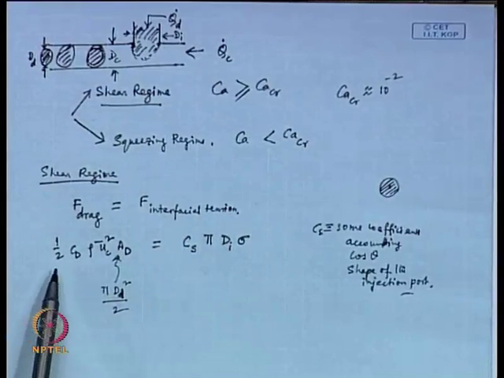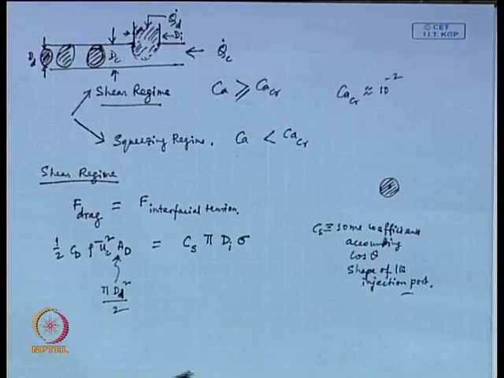This part I understand, and this part is drag. Why should the area be pi d d square by 2?